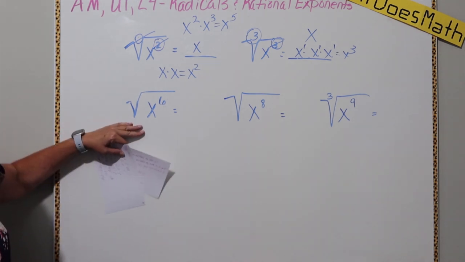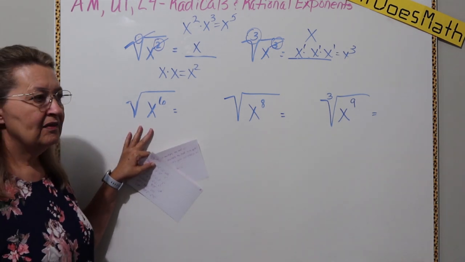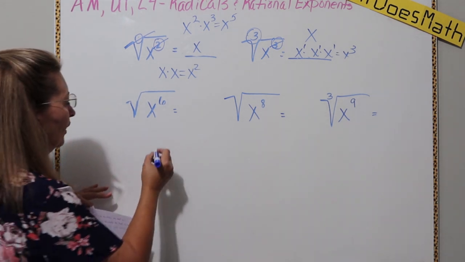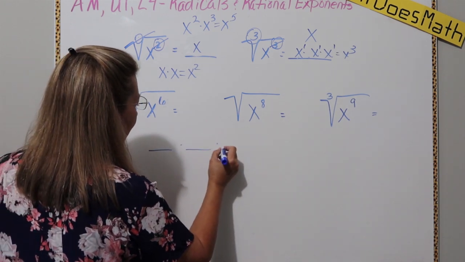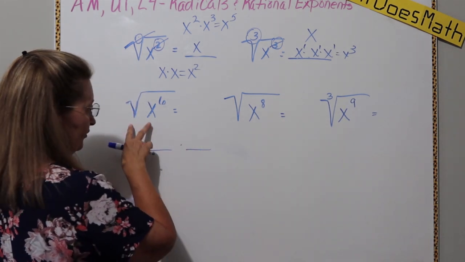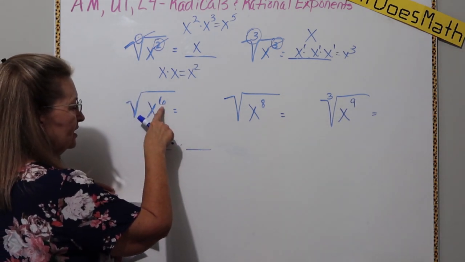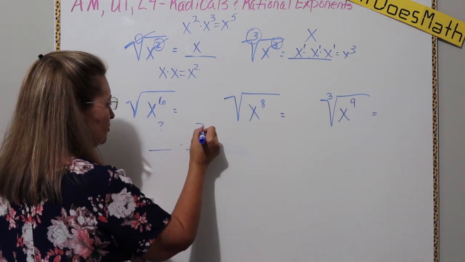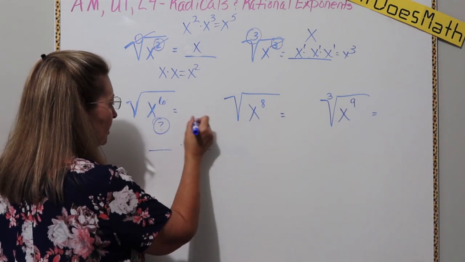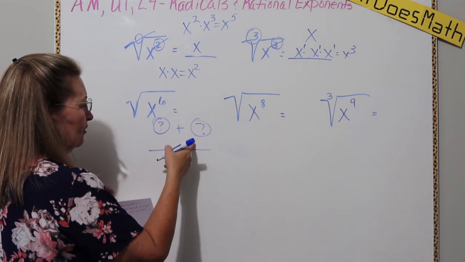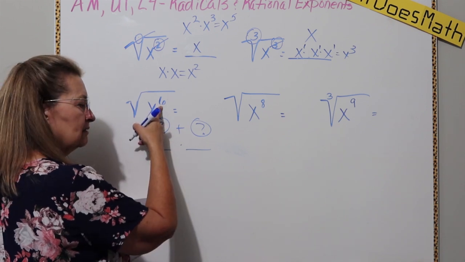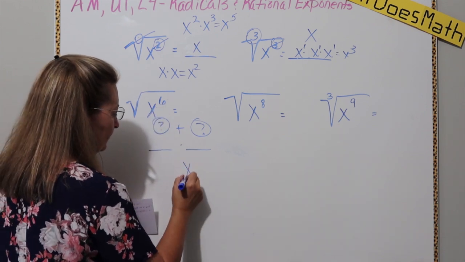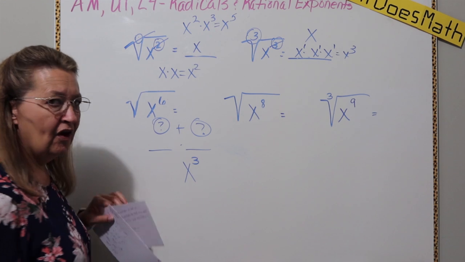Now, let's look at the square root of x to the 6th. This is asking me, what number did I multiply times itself twice to get 6? Well, that means there was an exponent that matched, and when I added it together, I got 6. So what would that be? X to the 3rd.